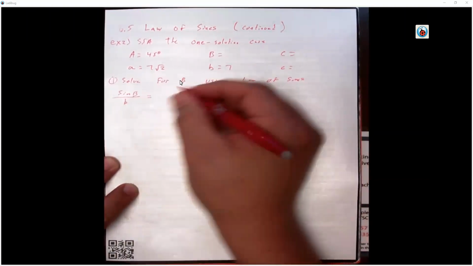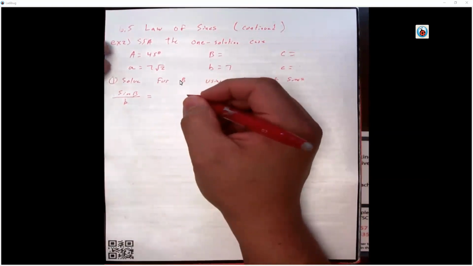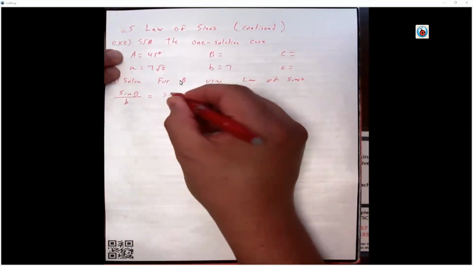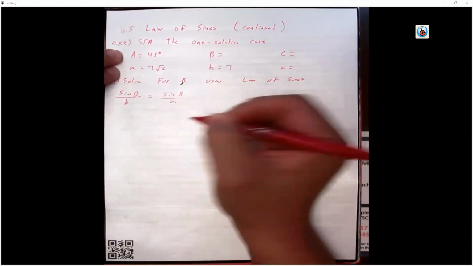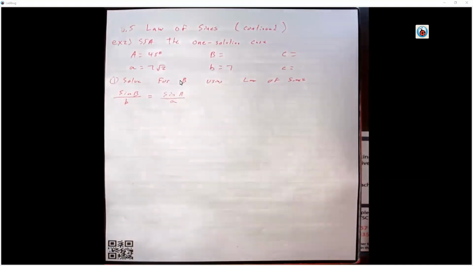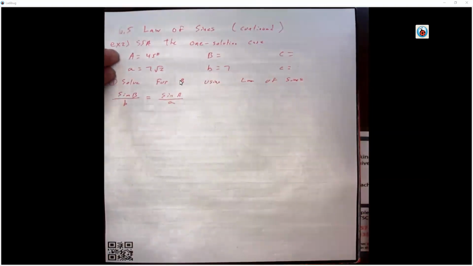So sine B over little b is equal to, and I try to use what we were given because this is exact. And I know that I didn't find those, so that means they have to be right. I haven't messed it up, right? So isolate sine B by multiplying both sides by little b.